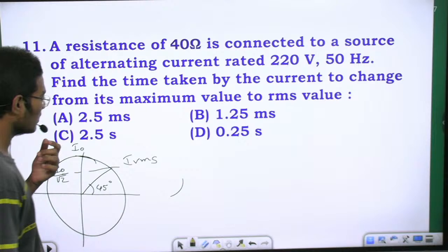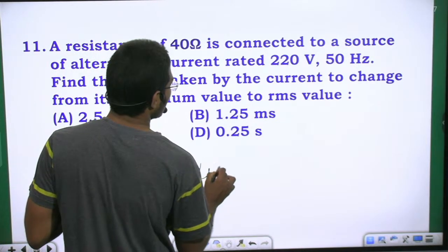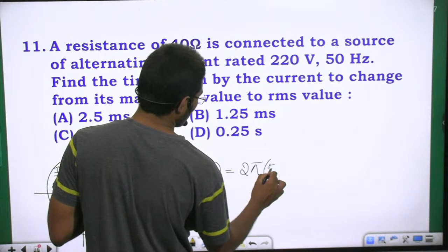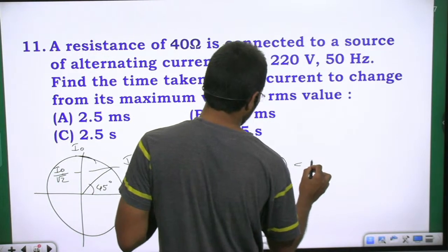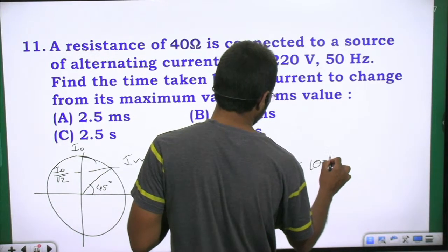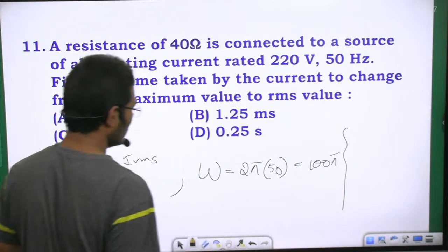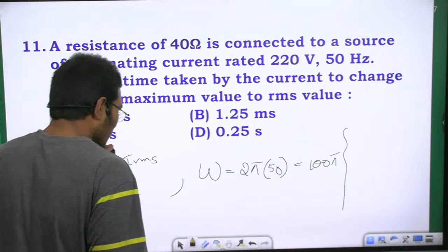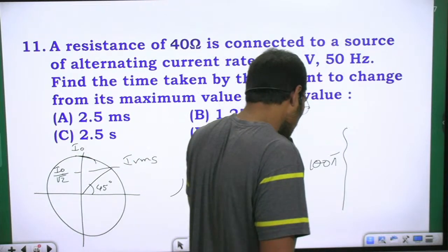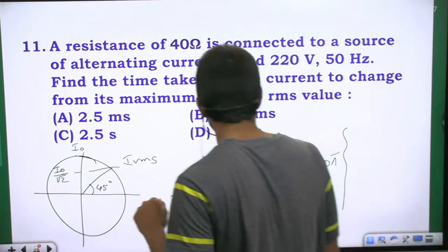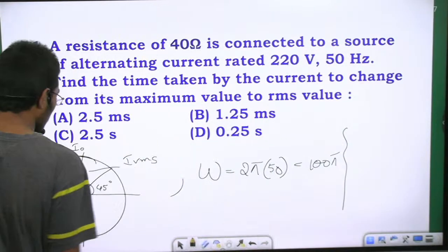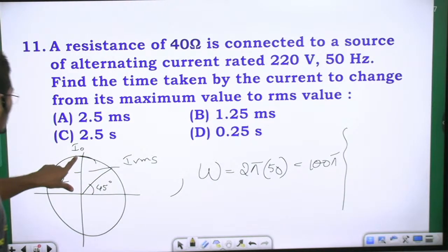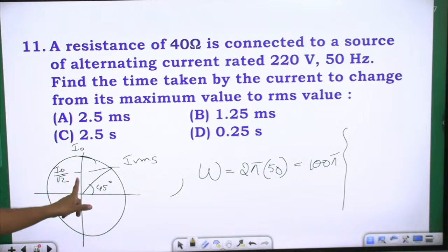So the omega given is equal to 2 pi into frequency, right? Omega is equal to 100 pi. Okay, see, there are different ways of solving the problem. I found this as straight method, so I'm picking up. You can do it from other methods as well. So omega is equal to 100 pi radians per second. So the time taken to travel 45 degrees. See, to travel from I naught to IRMS, we need to cover 45 degrees, right?